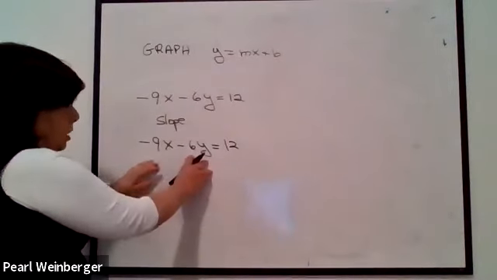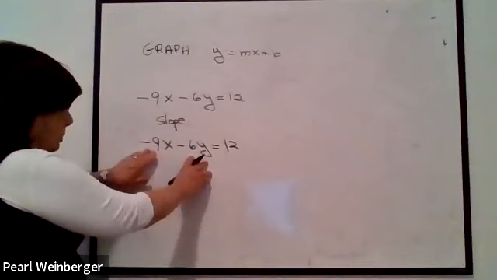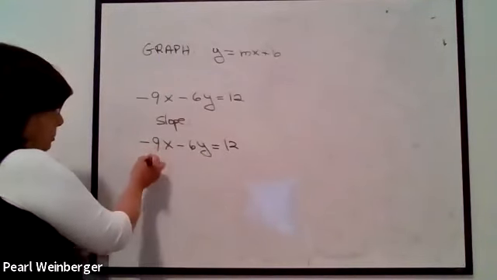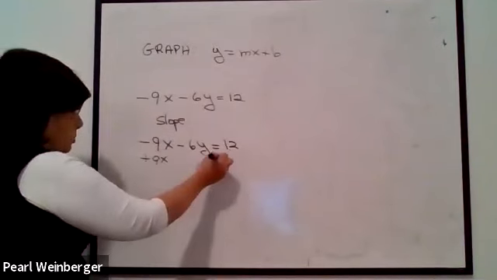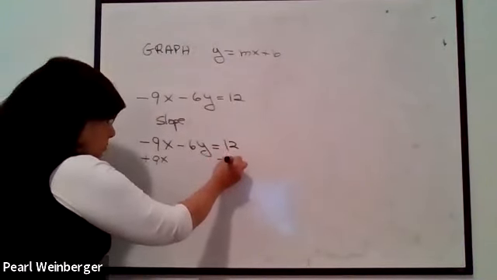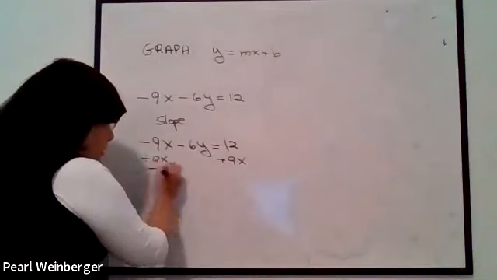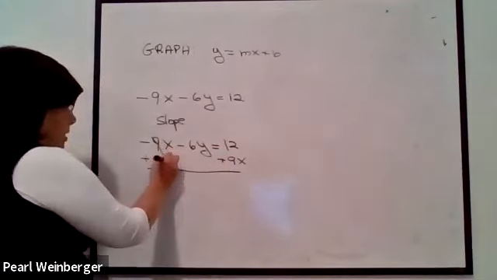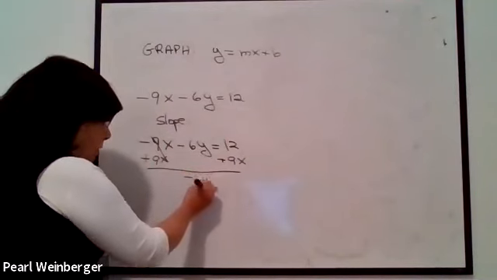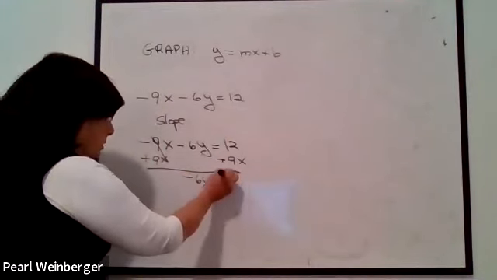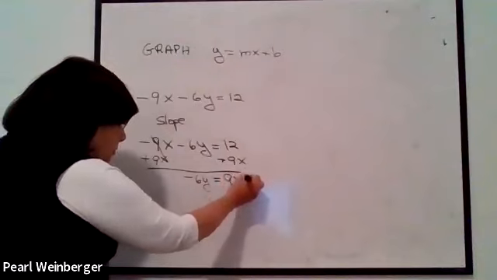So I want to get the y alone. So the first thing I want to do is get rid of this 9x. So I will subtract 9x from both sides of this equation. So this will cancel out, and I'll be left with negative 6y equals negative 9x plus 12.